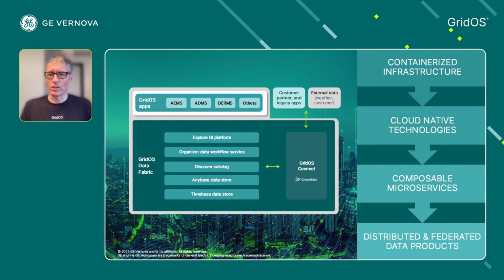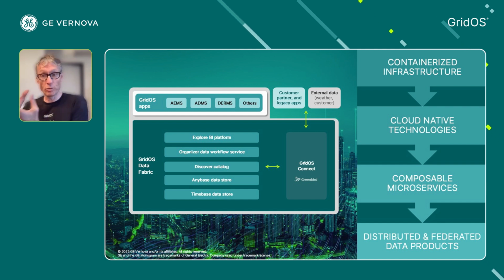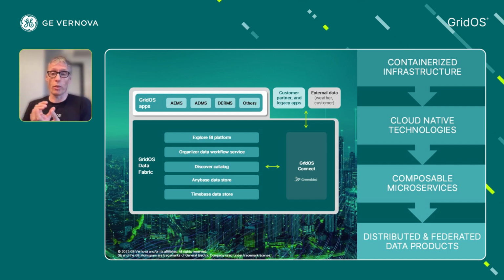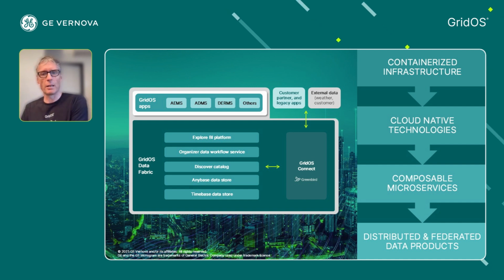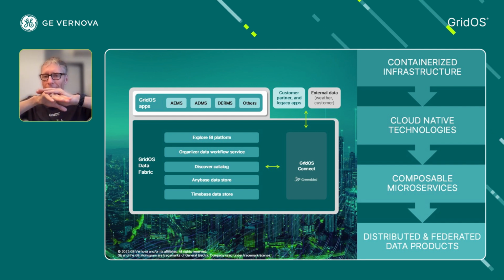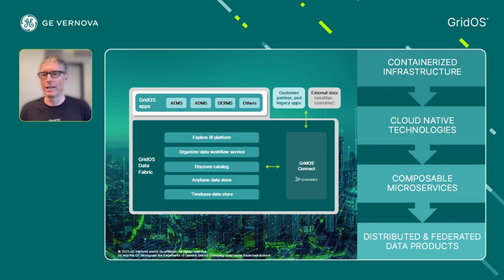And as mentioned before, it is a platform that can be used to integrate and manage data coming from GE Vernova applications, but also from third-party applications. It's built to be operated both on-premise in a bare metal scenario, or you can run it in a private cloud. You can have workloads running in a public cloud, but you have a unified management environment because it's built in a completely distributed architecture. That is maybe extremely important to understand.